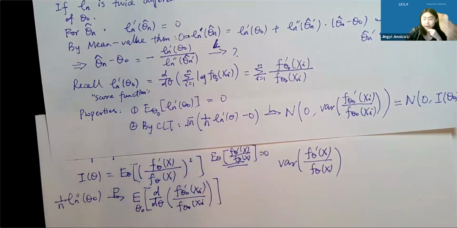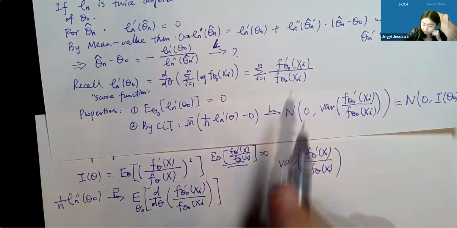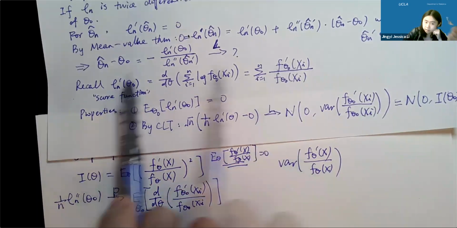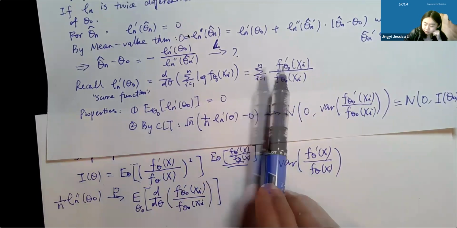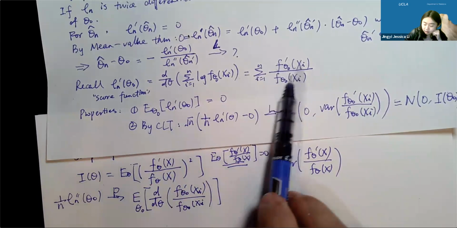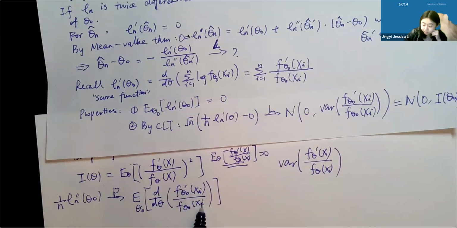Again, I'm taking differentiation on both sides because it's a finite sum from 1 to n, so the differentiation goes inside.